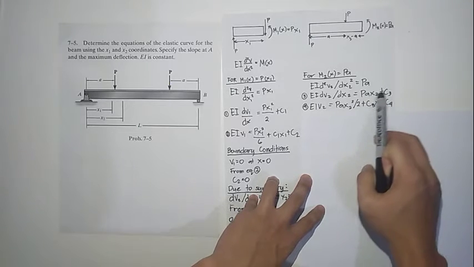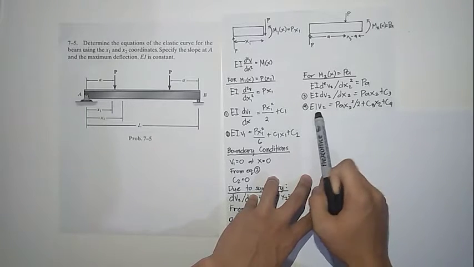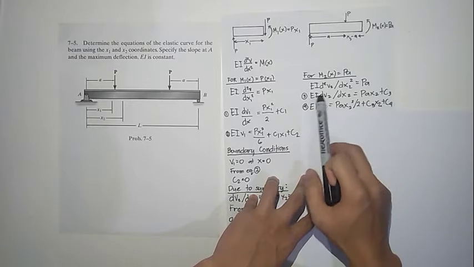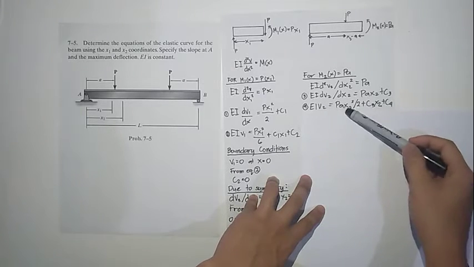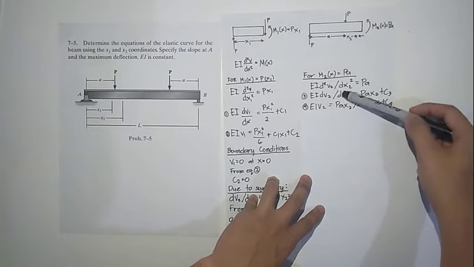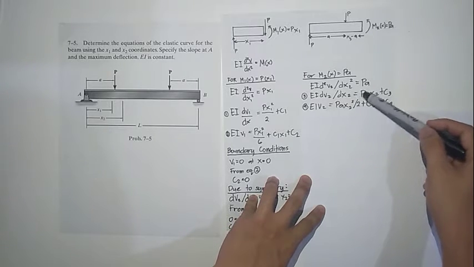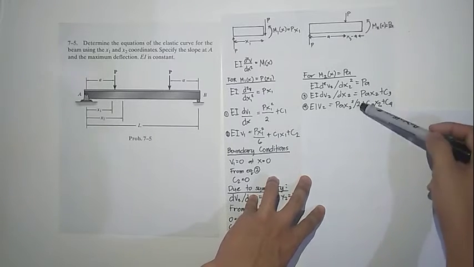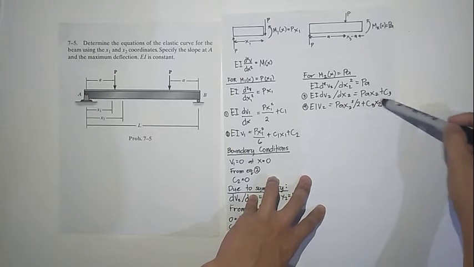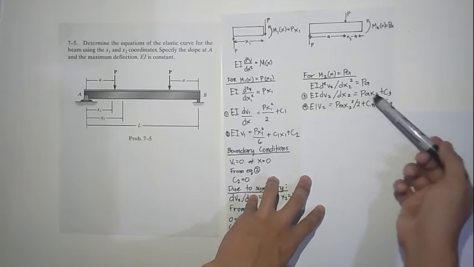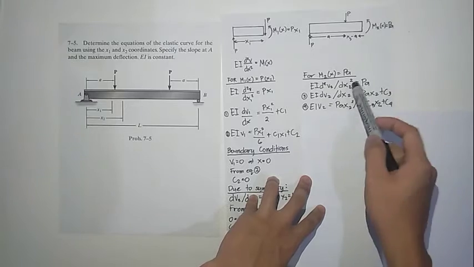Kaya, ang kinalabasan po ay EI v2 equals to P a x2 squared over 2 plus C3 x2 plus C4. So, yan na po kinalabasan pag in-integrate pa natin siya.